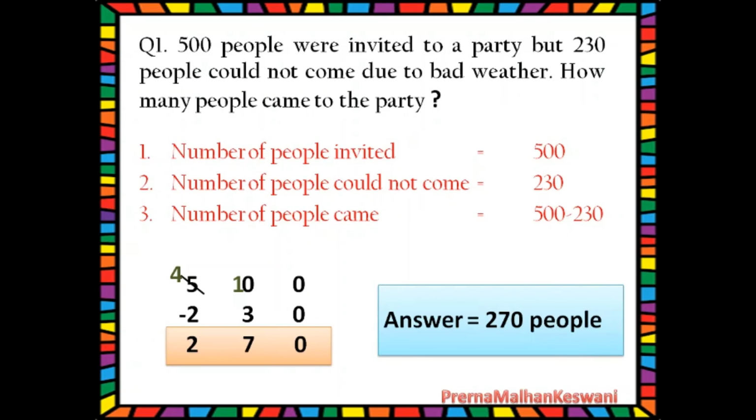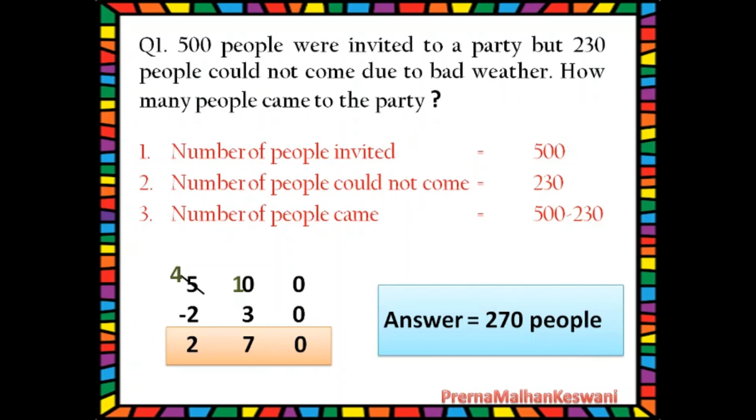Now what you have to find? Read the last statement. How many people came to the party? So step number 3 will be number of people came, which will be 500 minus 230. So when you subtract the same way which we have done earlier, you will get 270 people as the answer.